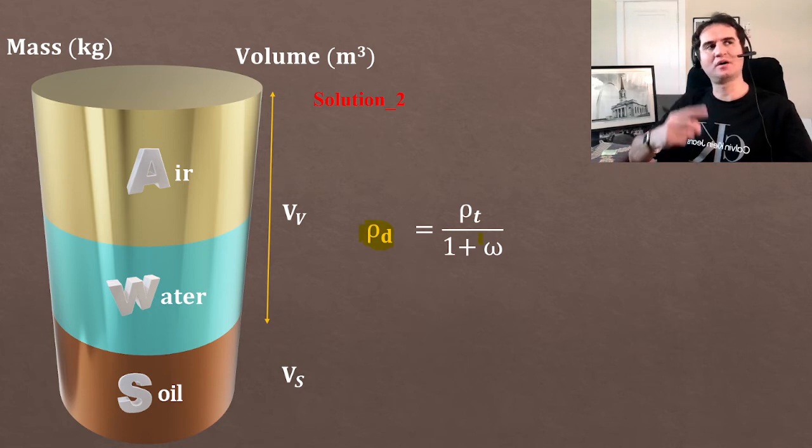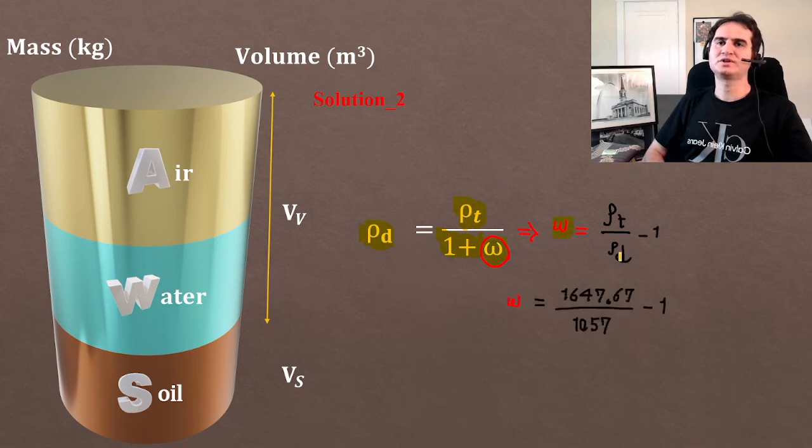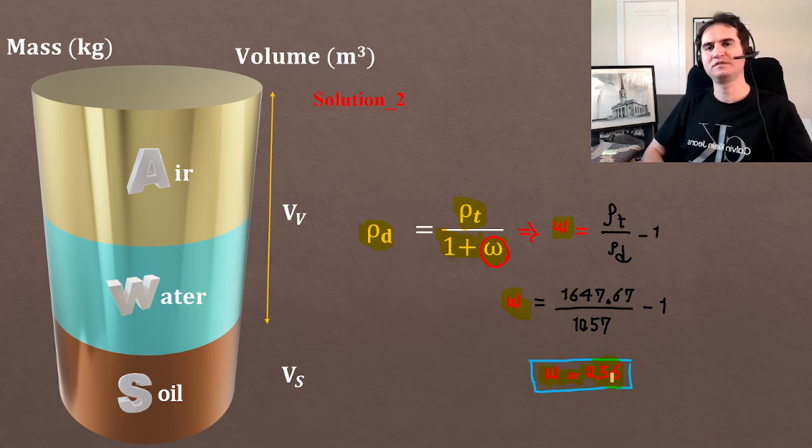The point is that all the formulas that apply to unit weight likewise apply to density. The dry density is equal to total density over 1 plus moisture content. If we calculate the moisture content from this equation, the total density over dry density minus 1 gives us the same water content as solution 1, which is 0.56.